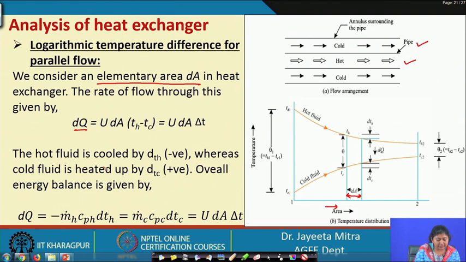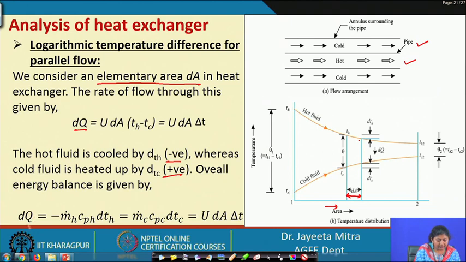The hot fluid is cooled, so dTh, the lowering of temperature, is considered negative, whereas dTc, the differential change in the temperature of the cold stream, is positive.